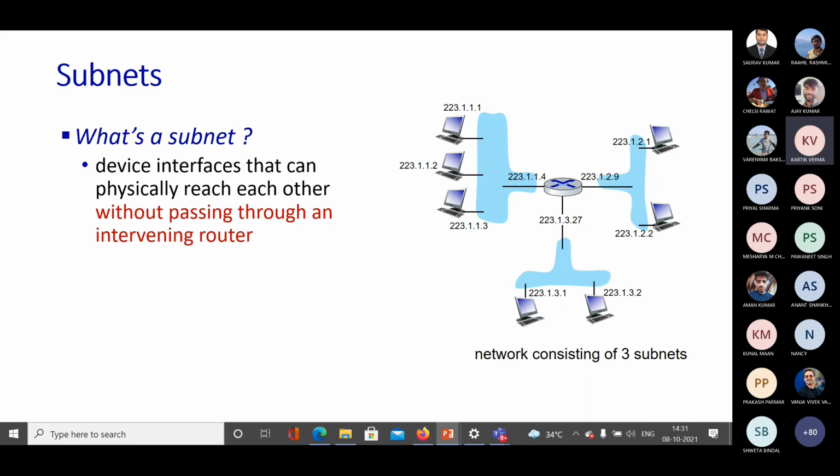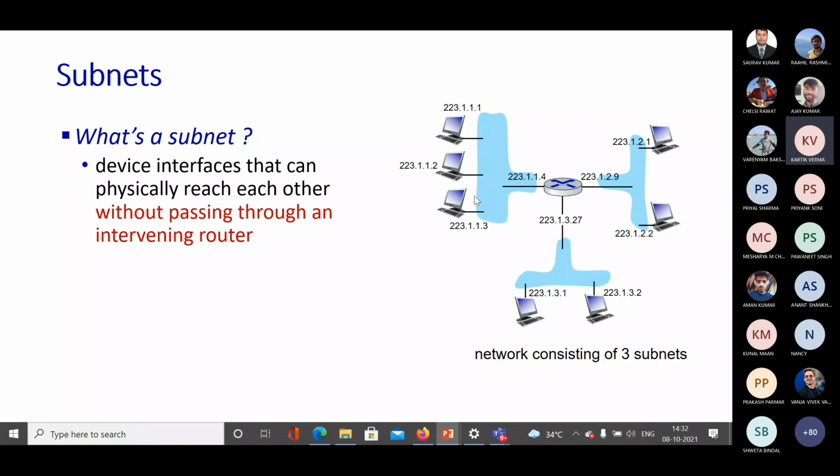A subnet essentially determines which devices or interfaces can reach each other physically without passing through another router. Look at this diagram here. There's one router with three different interfaces, and these interfaces are connected to several hosts.